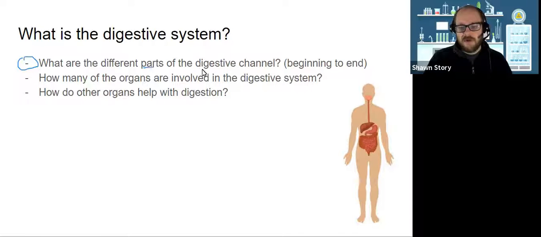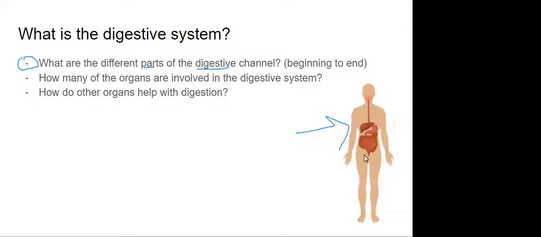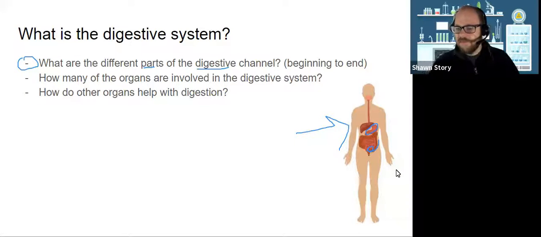What are some of the different parts of our digestive system? When we look at our digestive system, what do we see that we know? The colon. Yes, the colon. Very good. The stomach. Yep, the stomach. Anything else?